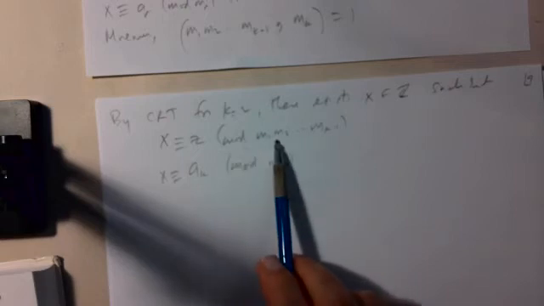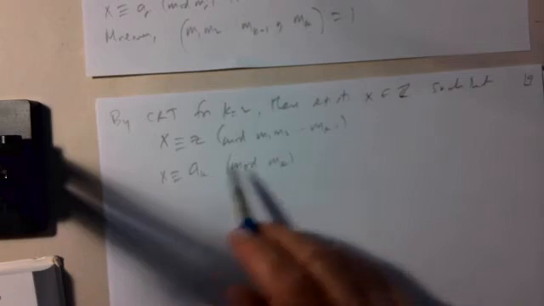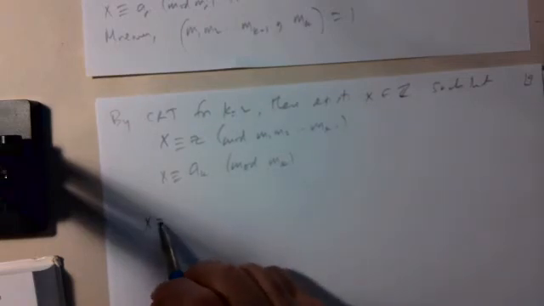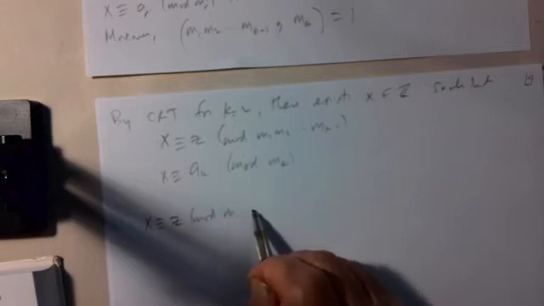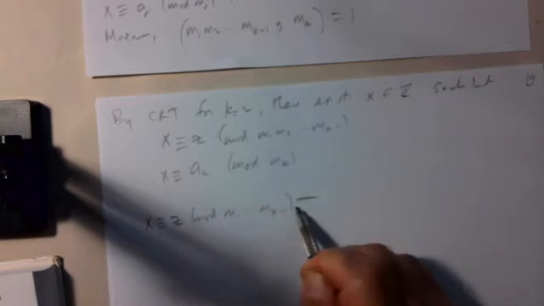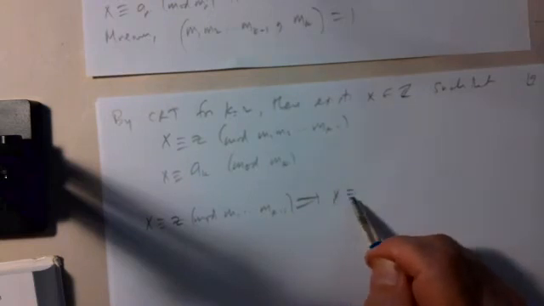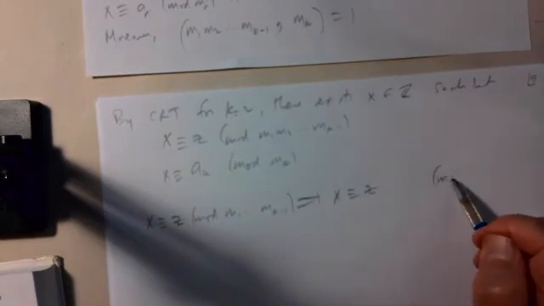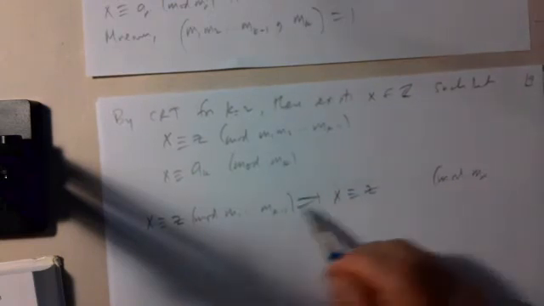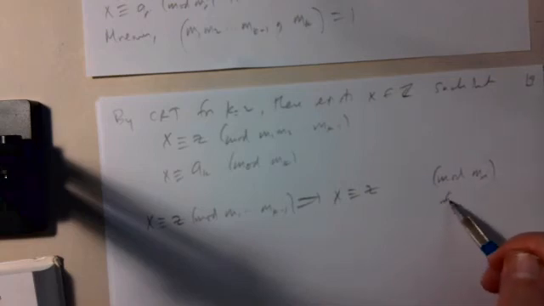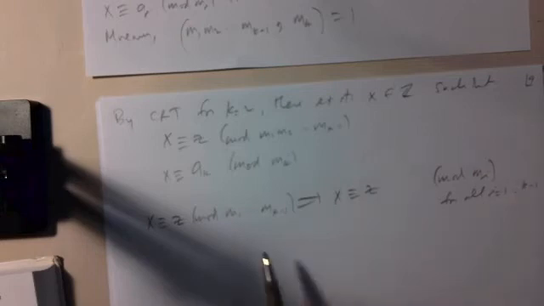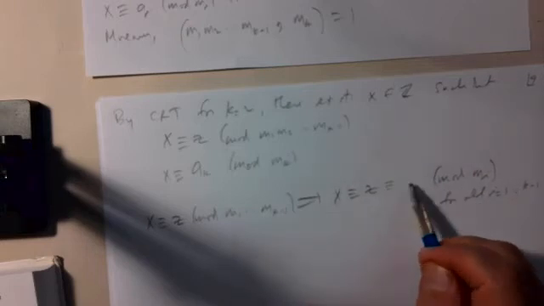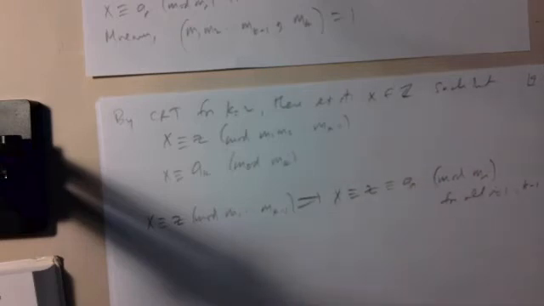And if x is congruent to z mod m1 up to m sub k minus 1, that means x is congruent to z modulo any one of these smaller factors, m_i for all i from 1 up to k minus 1, but z is congruent to a sub i mod m sub i.